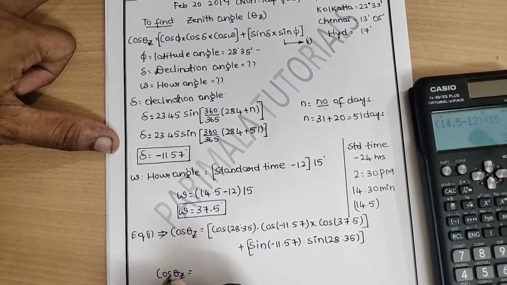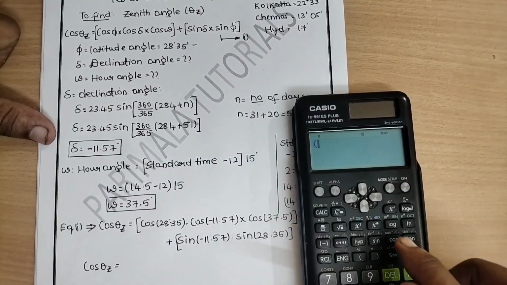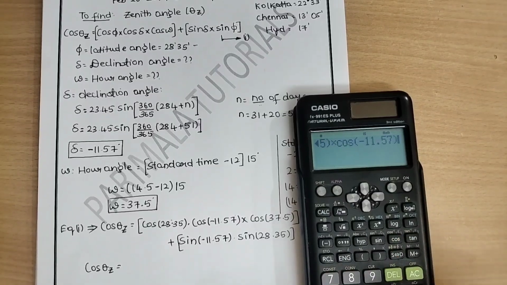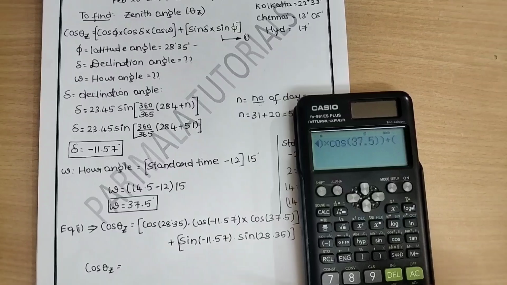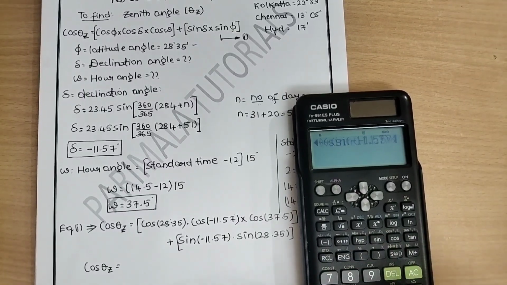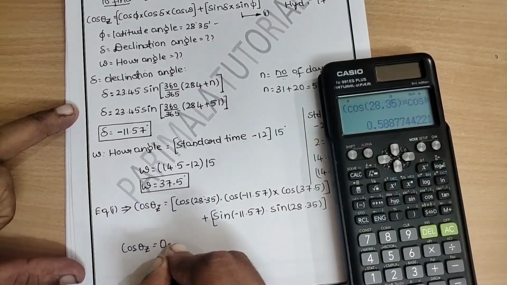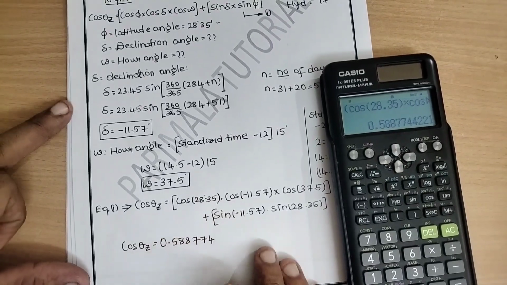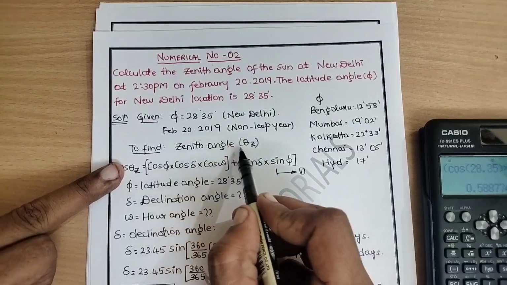So we are getting the value of cos of theta z as 0.588774. But what are we supposed to find out? We are supposed to find the value of the zenith angle theta z.